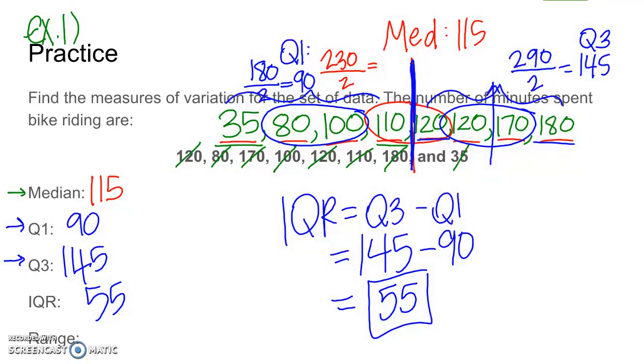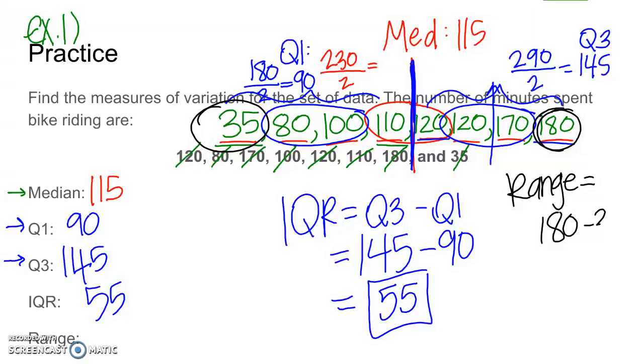Remember the formula I wrote down for range is going to be the biggest number, which is 180, minus the smallest number, which is 35. So the range, I'm subtracting biggest minus smallest, 180 minus 35. Just punch that in your calculator. 180 minus 35 is 145.